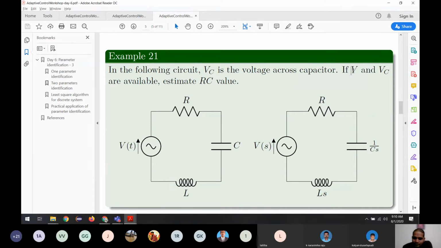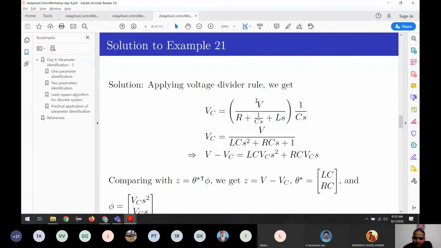Again, here we have the voltage and the voltage across the capacitor is measurable. So the voltage across the capacitor, using the same voltage divider rule, we can say is equal to the voltage divided by the impedance, times the capacitive impedance, called reactance, or we can say impedance as well for the time being.